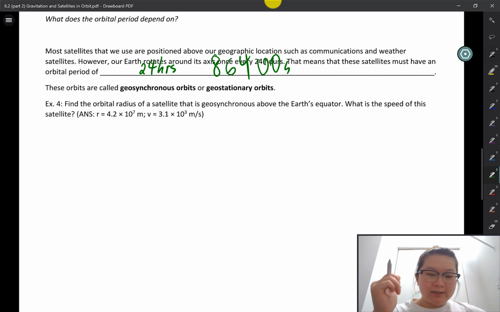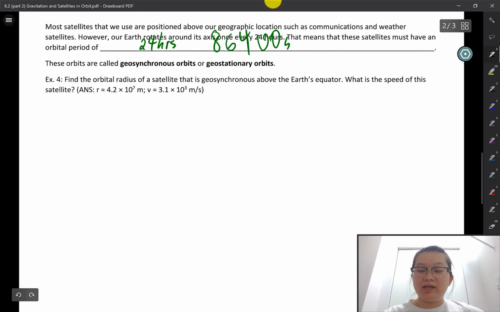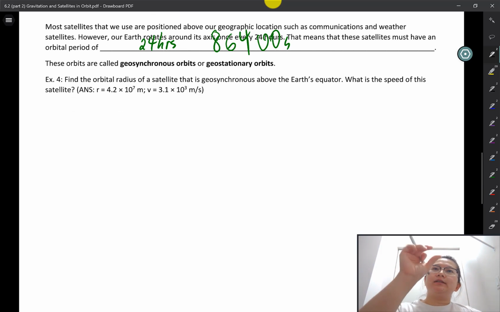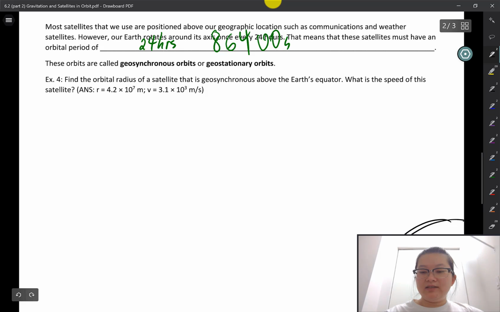Find the orbital radius of a satellite that is geosynchronous above the Earth's equator. The reason I asked for the equator is just to make it simple. Otherwise, the orbit might be a little funny, because the satellite would be directly above a location at an angle. So the equator is the easiest way to go about this.